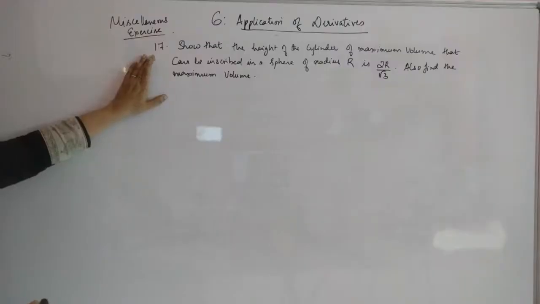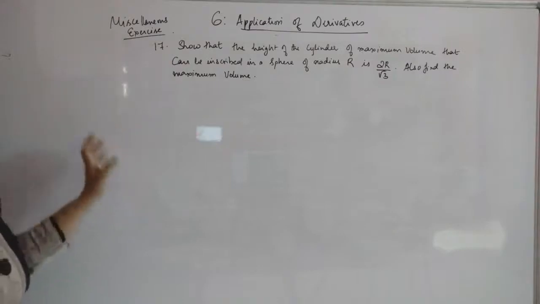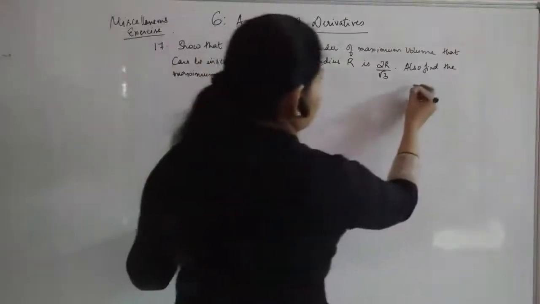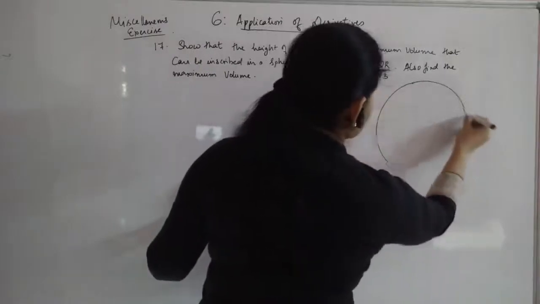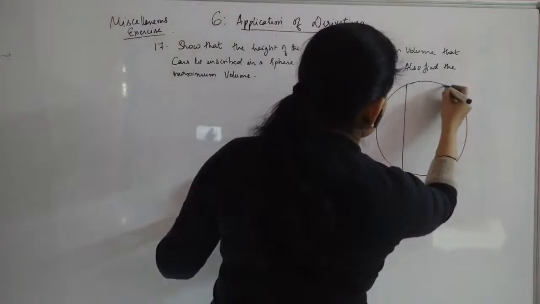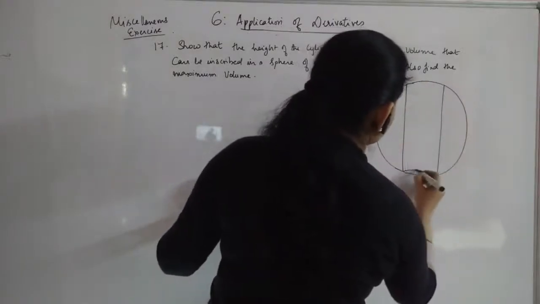Question: show that the height of the cylinder of maximum volume that can be inscribed in a sphere. Again, in a sphere a cylinder is inscribed. So you have to draw a sphere and take a cylinder inside that.